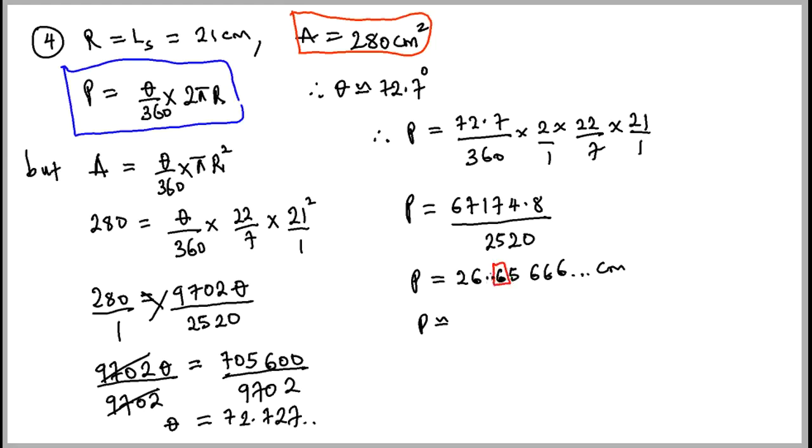What is next to 6? Here is 5. So I can take 1 from that 5 and add to the 6. It becomes 7. So my answer becomes 26.7 centimeters to 1 decimal place. So that's it.